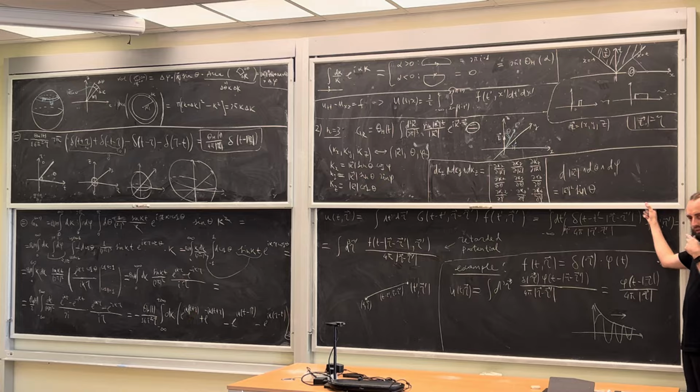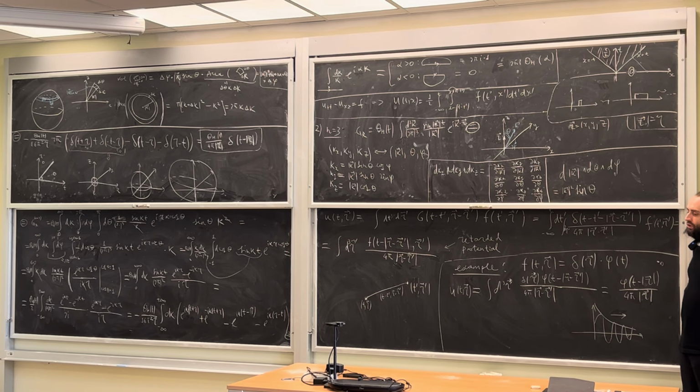And so by this logic, the two-dimensional Green function should have a logarithm. In the two-dimensional case, yes, we have a logarithm. But here we will not get a logarithm.